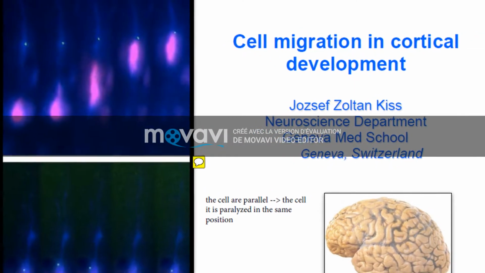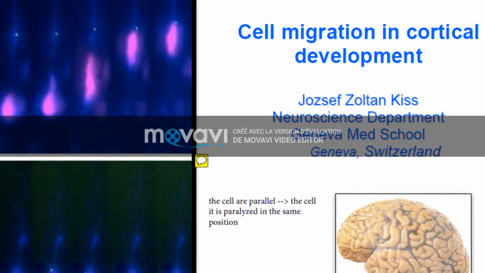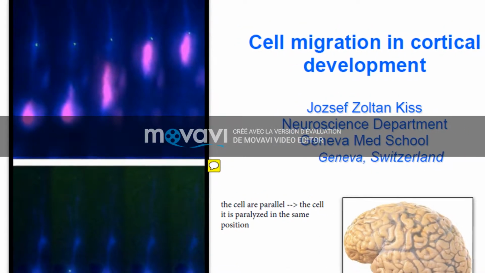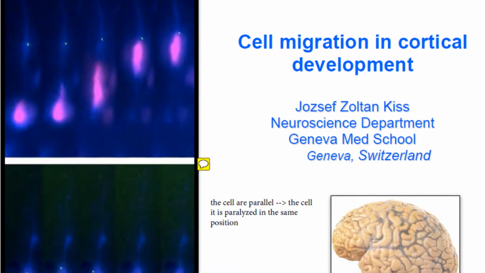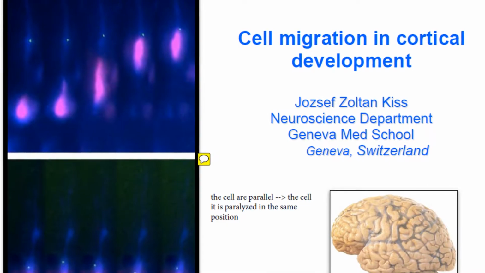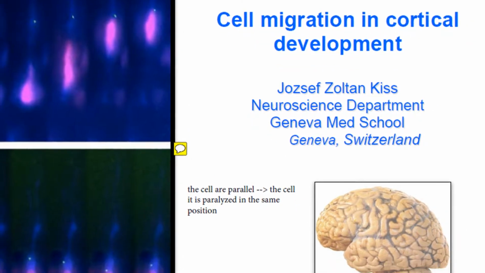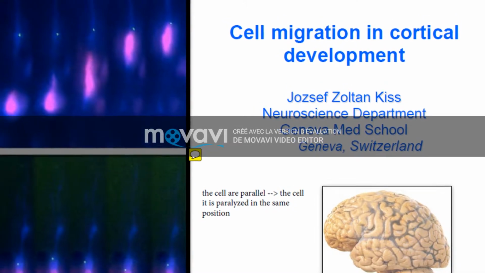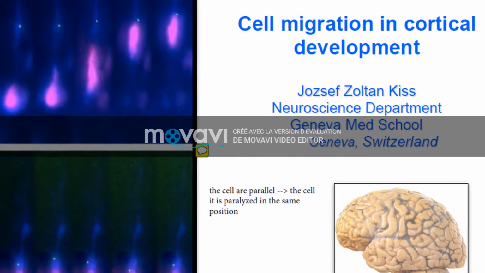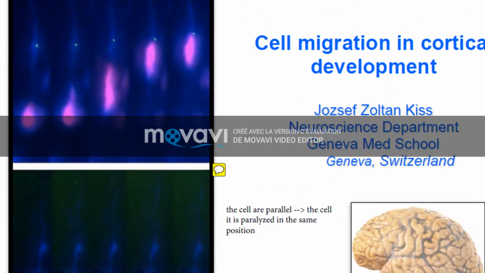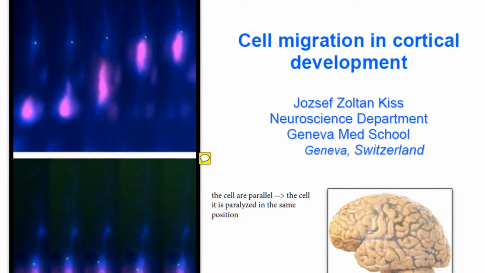When this is not a widespread phenomenon, just a few cohorts of cells are late or lost during migration. The consequence is that we have heterotopias. Heterotopia means mispositioned neurons. They are lost during this long trajectory of migration. They are either badly guided or somehow they are slowed down. They are unable to move forward.